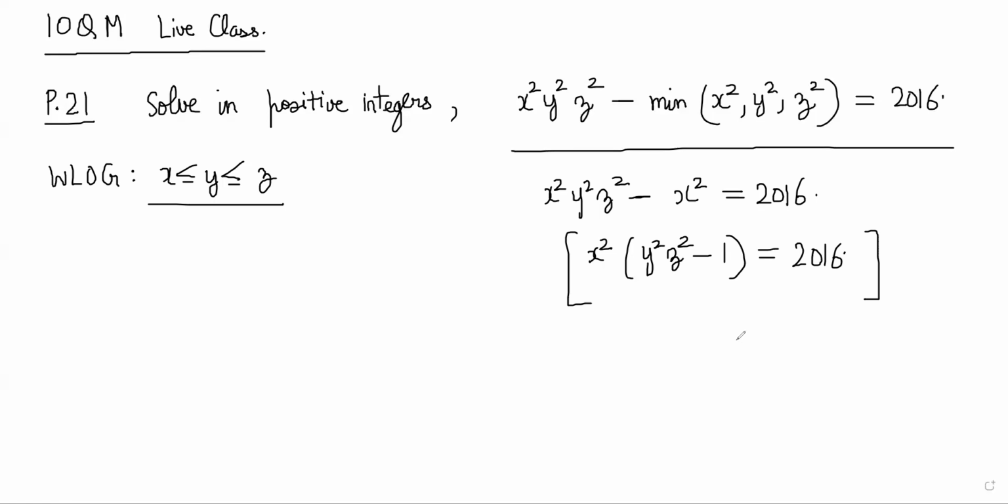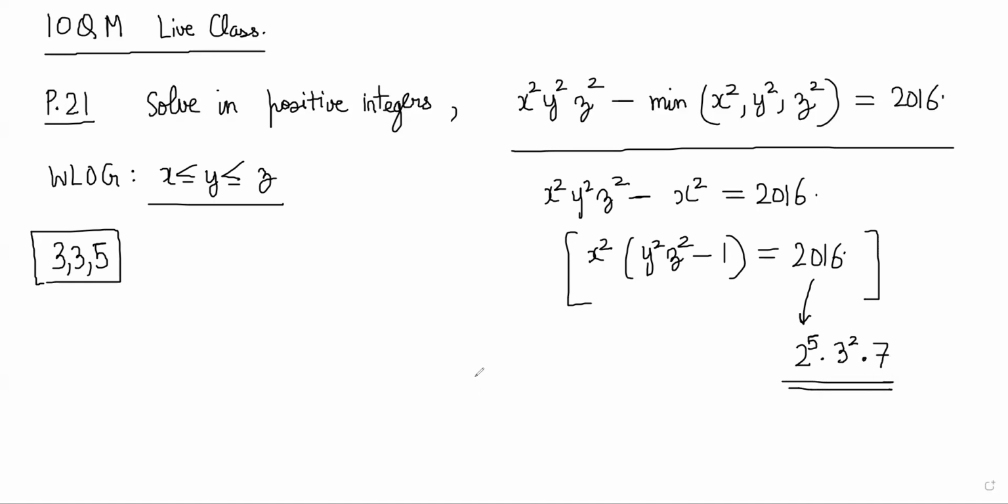Can somebody tell me, what is 335? How did you get 335? Sir, I basically factorized 2016 and I got 2 to the power 5 into 3 square into 7. This is what the prime factorization is.